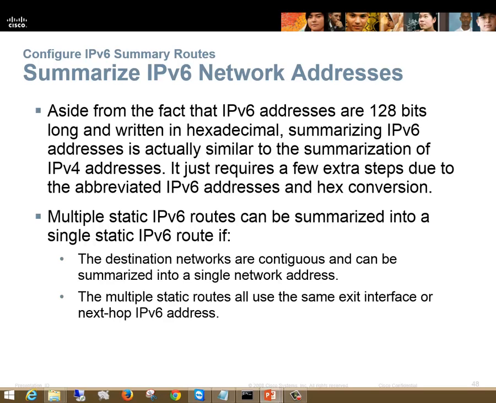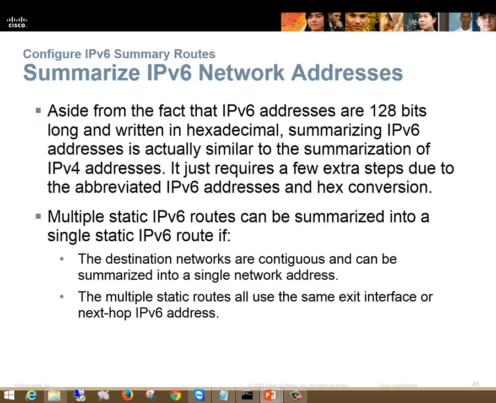Aside from the fact that IPv6 addresses are 128 bits long and written in hexadecimal, summarizing them is similar to the summarization of IPv4 addresses. It just requires a few extra steps due to the abbreviated IP address and hex conversion. Think back to Cisco 1 where we talked a little bit about how IPv6 addresses are written.